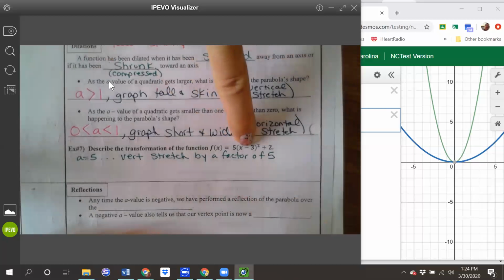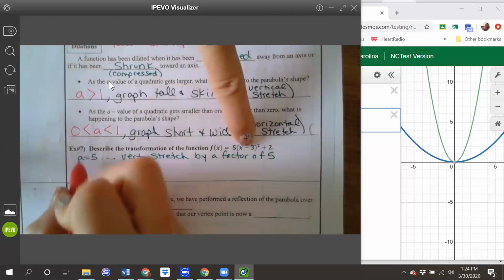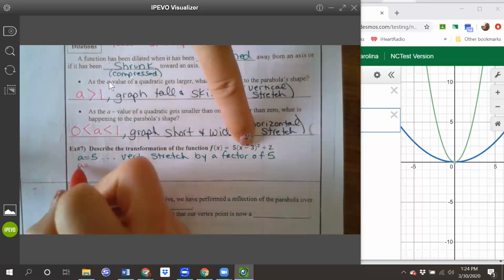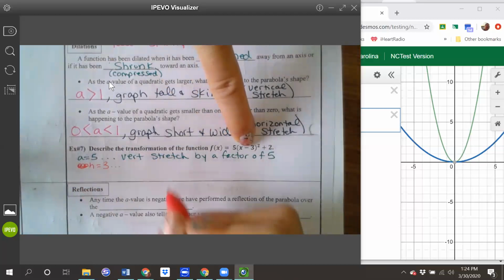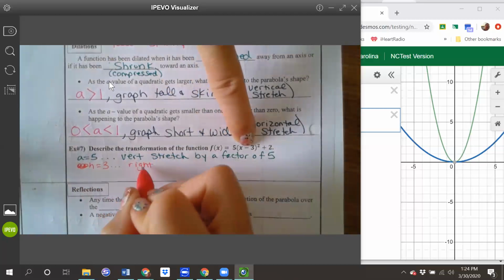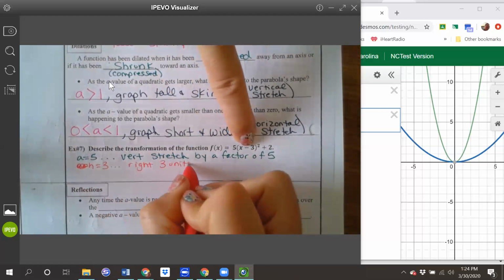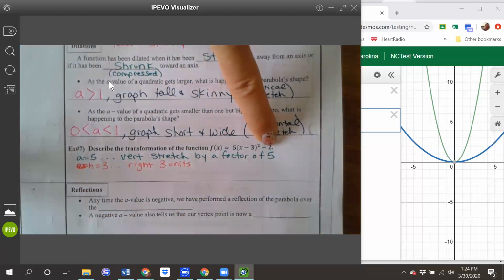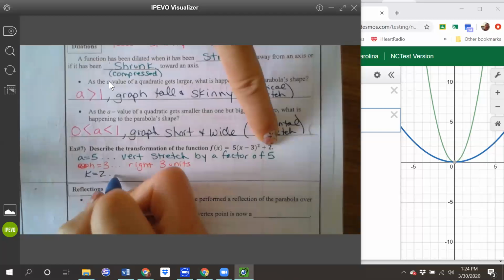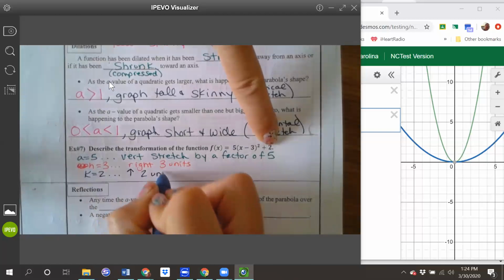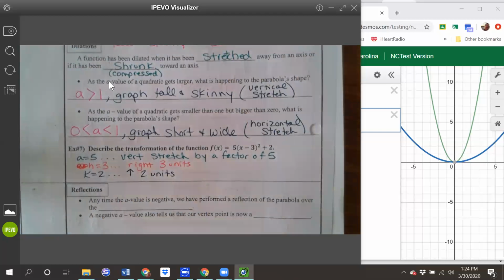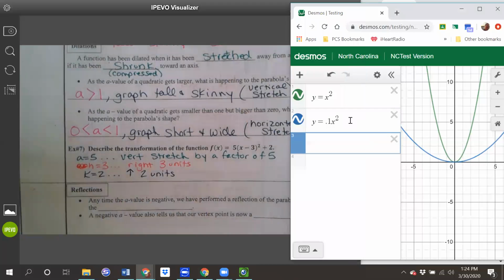My gut tells me that I go to the left, but I actually go to the right. H is a positive 3, and it's going to send this thing to the right 3 units. And then I come here, that is the K value, and that is going to make my graph go up by 2 units.